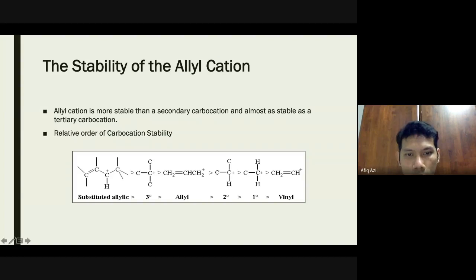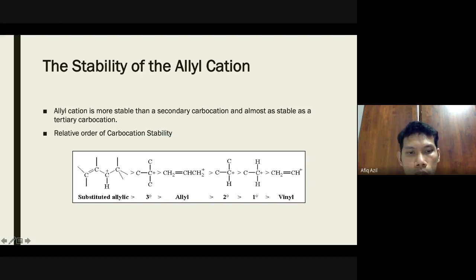So if you look at this, this is the allyl. It is actually not the most stable form. A tertiary carbocation is more stable compared to the allyl, unless you have a substituted allylic. That means on this carbon over here, instead of having two hydrogens, one of them is a substituent, for example, this carbon with an extra chain.